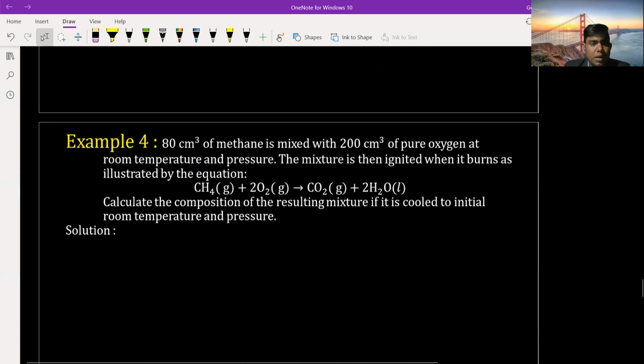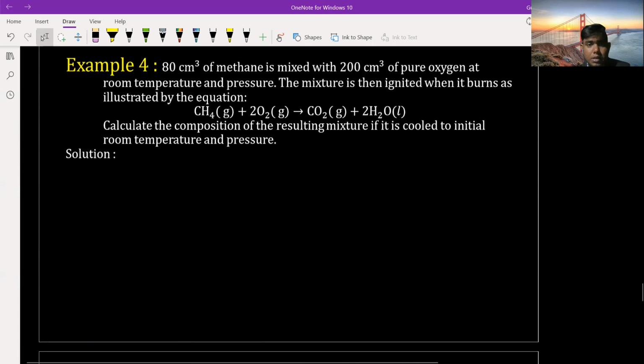Now next example, 80 centimeter cube of methane is mixed with 200 centimeter cube of pure oxygen at room temperature and pressure. ठीक है, यहाँ पे रूम टेम्परेचर एंड प्रेशर दिया गया है, तो the mixture is then ignited with a spark as illustrated by the equation. CH4 gas plus 2O2 gas gives CO2 gas plus 2H2O in liquid. Calculate the composition of the resulting mixture if it is cooled to initial room temperature and pressure.